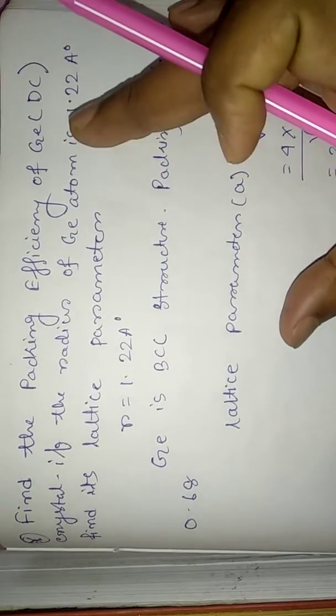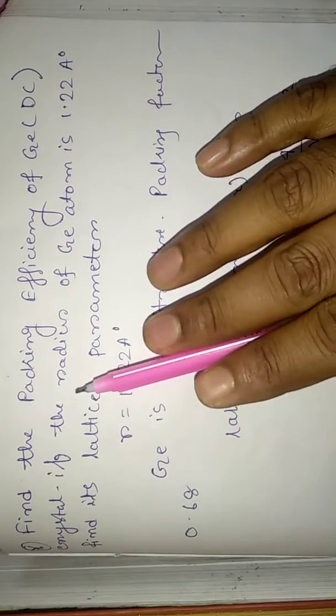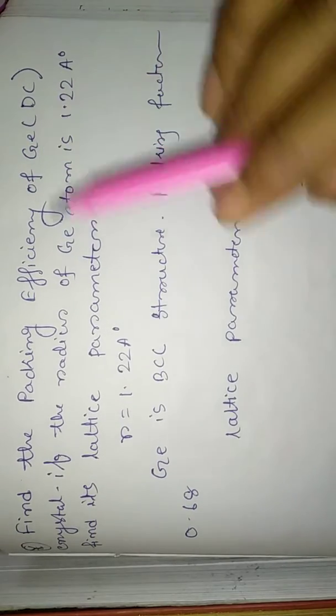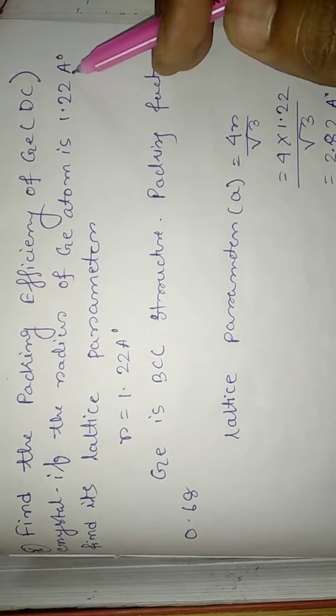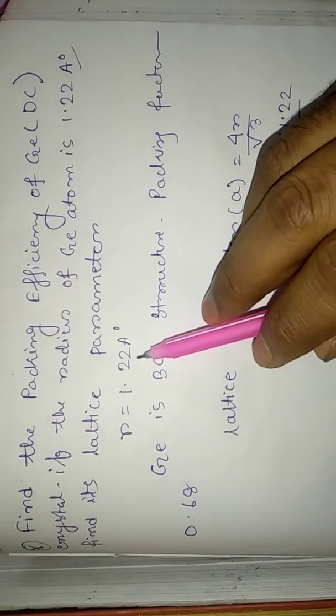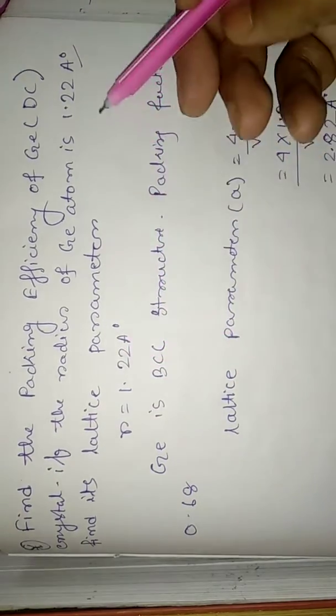That is the basic difference, but the main concept is the same. In this problem, you have to calculate the packing efficiency of germanium, the Ge crystal. The radius of the Ge atom is 1.22 angstrom, so the value of R is given. Now find its lattice parameter.